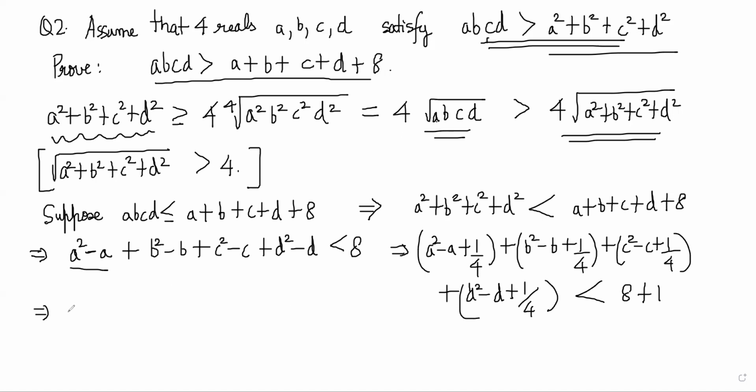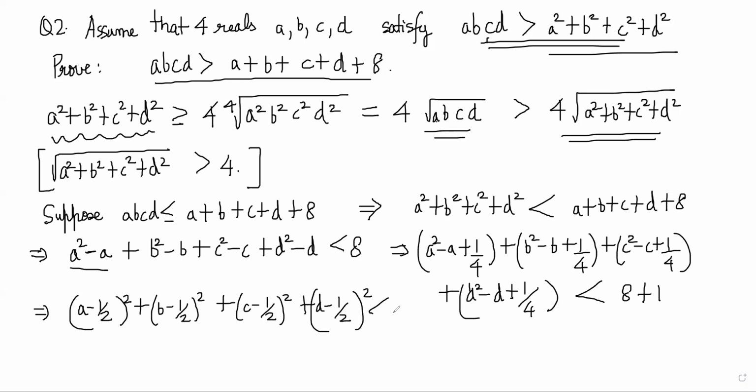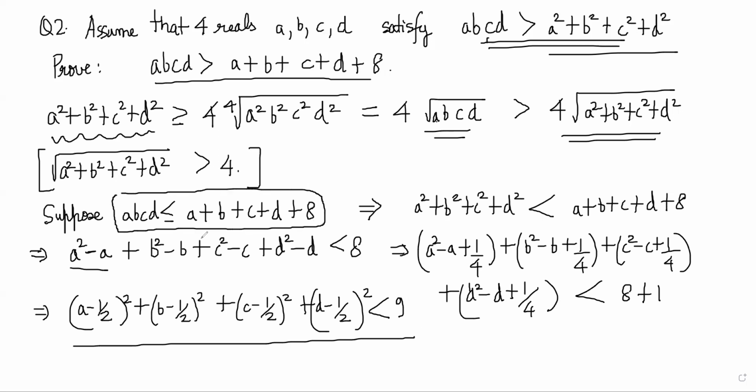So what we have here is (a minus half) whole square plus (b minus half) whole square plus (c minus half) whole square plus (d minus half) whole square is less than 9. This is coming once we have assumed the opposite, that ABCD is less than this.